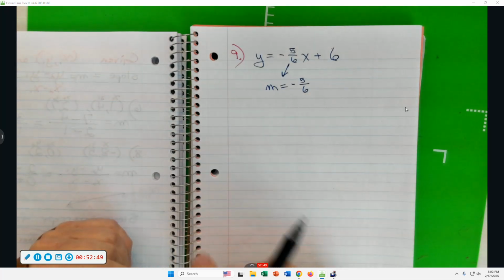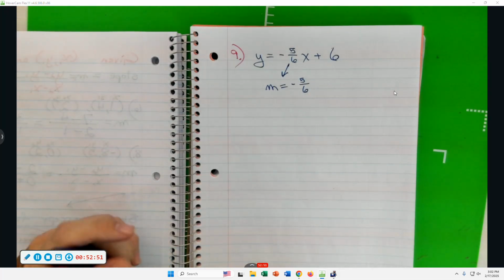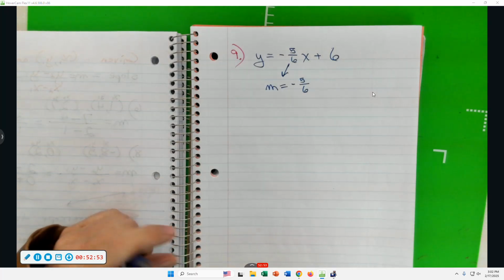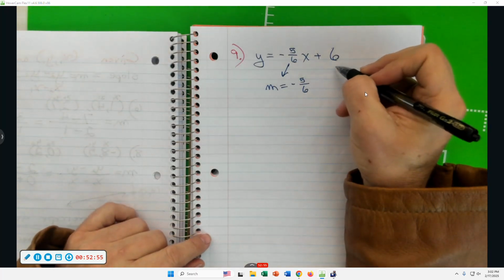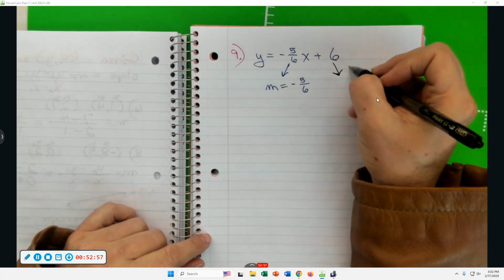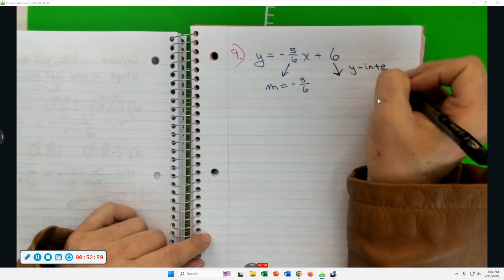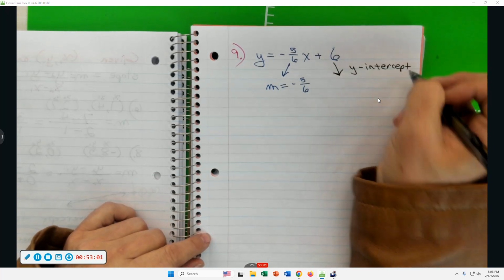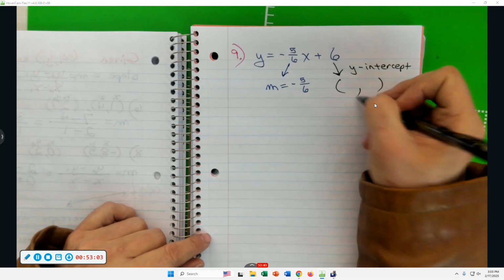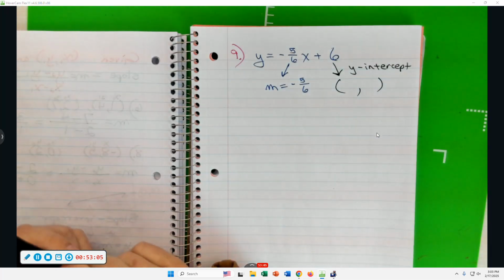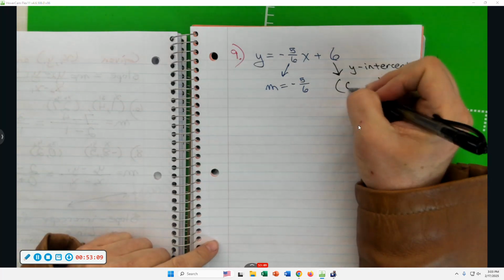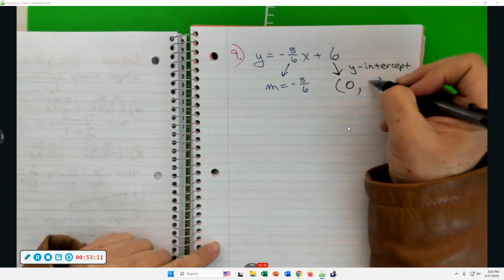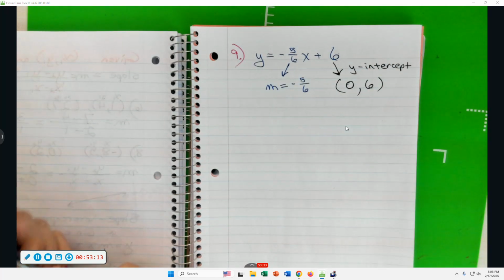What about the y-intercept? Don't just say 6. You've got to write it as an ordered pair. So the y-intercept, how are we going to write that point on the y-axis as an ordered pair? 0 and then 6. Okay, the x value is 0. That number there tells you where it's passing through the y-axis.